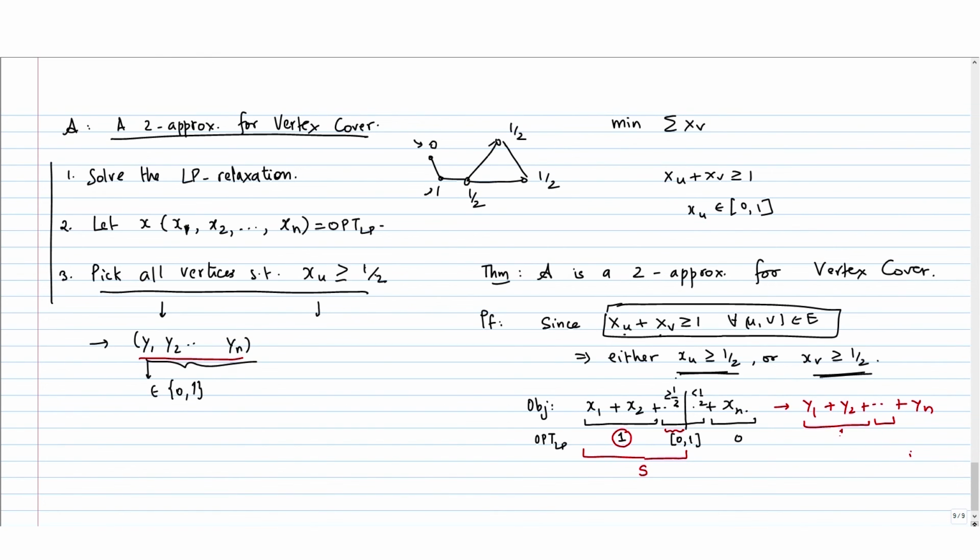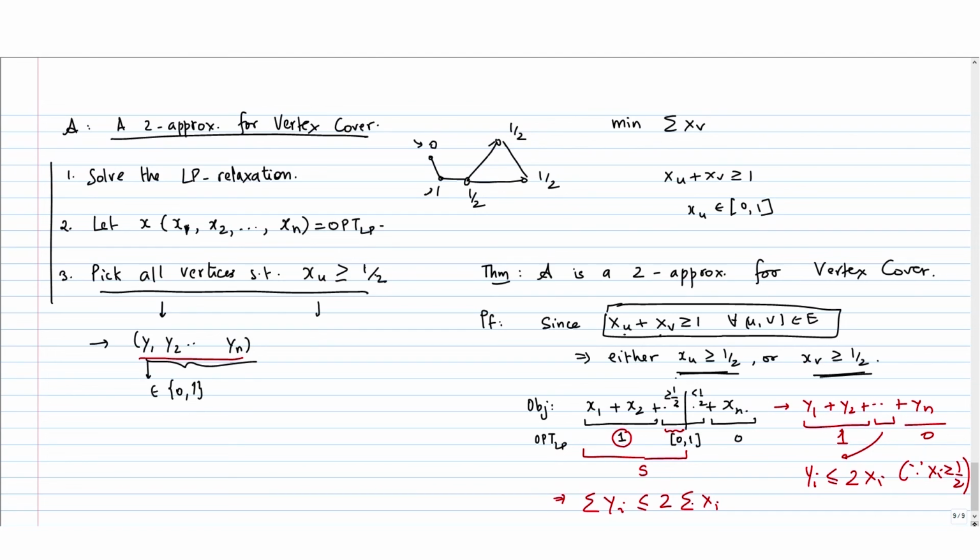So, here yi is at most 2 times xi, because xi is at least half, and the rest are 0. Therefore, the sum over the yi is at most 2 times the sum of xi. For those for which the LP gave value 1, we also gave value 1.